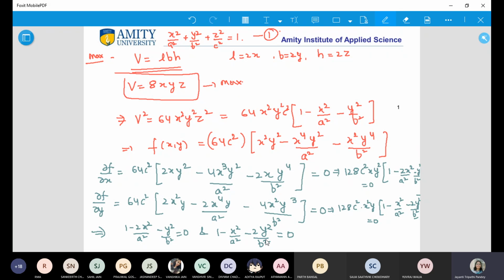Suppose I mark this as equation 1 and this as equation 2. 1 minus 2 will give you minus x square upon a square plus y square upon b square equals to 0. This means y is equal to bx by a. Is this fine? We will not take negative values. क्यों नहीं लेंगे पता है ना?